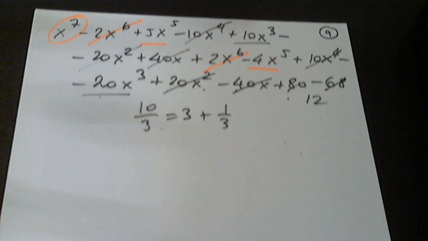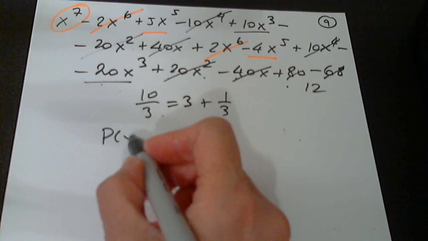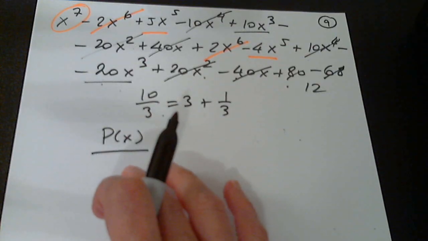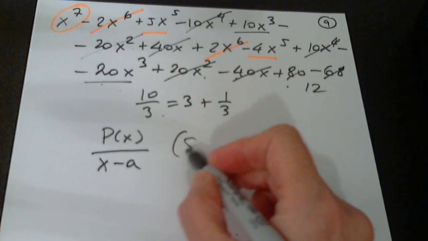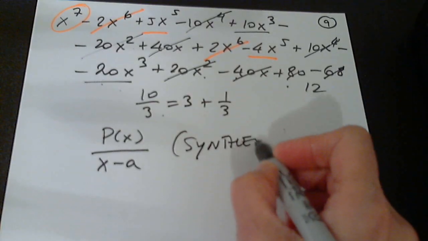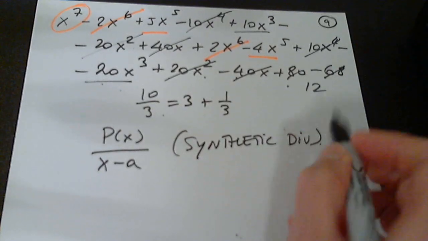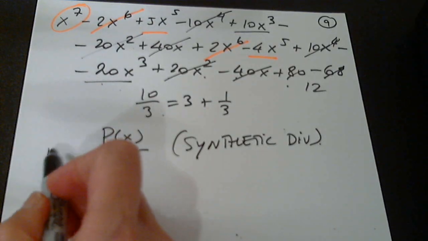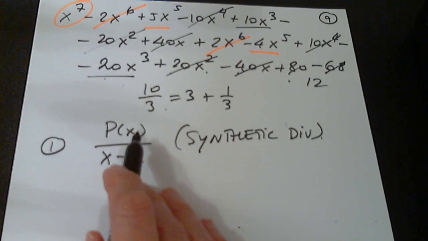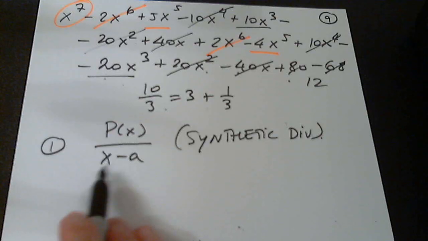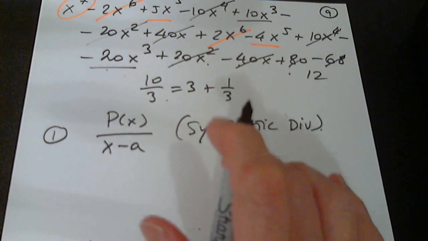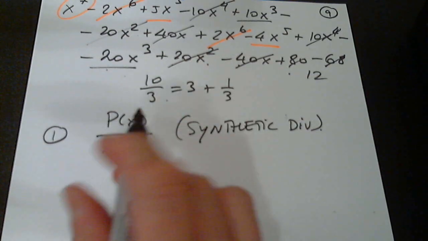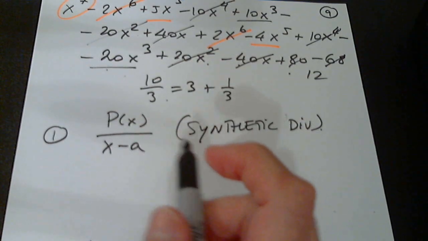Okay. Let's suppose I have a polynomial divided by x minus a. So this is a typical situation for the synthetic division. So in this situation, if I have a polynomial divided by x minus 5 or x plus 10 or x minus 3, whatever, let's suppose I am only looking for the remainder.